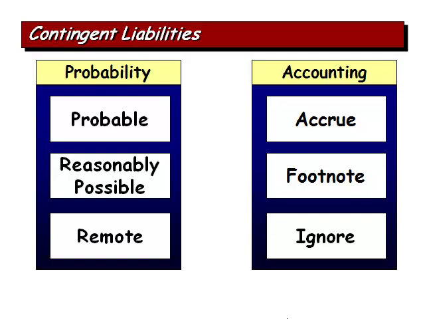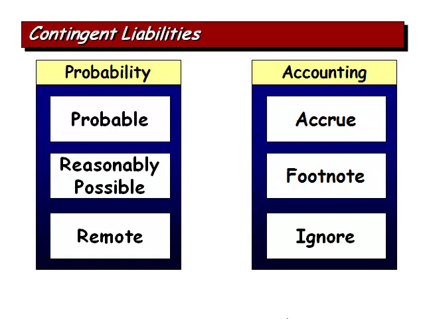If it's probable, then we need to do an accrual for it. We need to reflect the expense and show the liability. If it's reasonably possible, we certainly need to do a footnote for it, if not make an adjusting entry. And if it's a remote possibility, then we can pretty much ignore it everywhere.